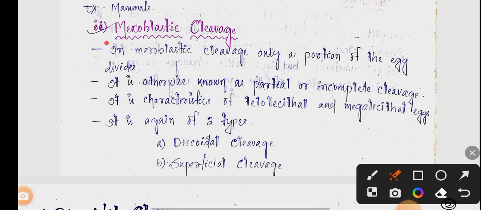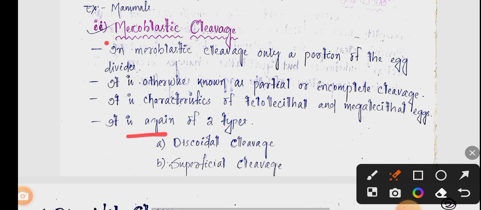It is characteristic of telolecithal and megalecithal eggs. It is again of two types.